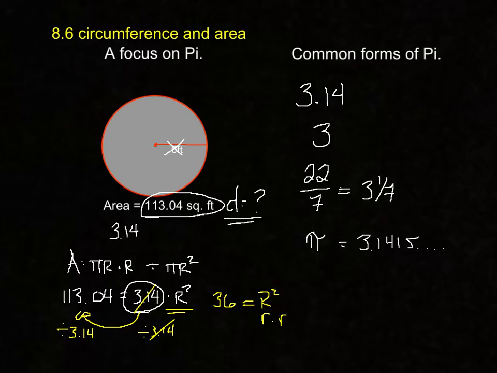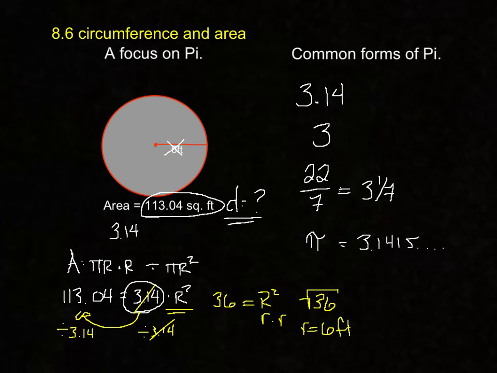Because this is being squared, so to work backwards we take the root of that. And we know that it's going to be positive because it's a distance, so it must equal 6. And we know that already because it was drawn into the diagram. So again, it's not just 6, it's a distance, so 6 feet.